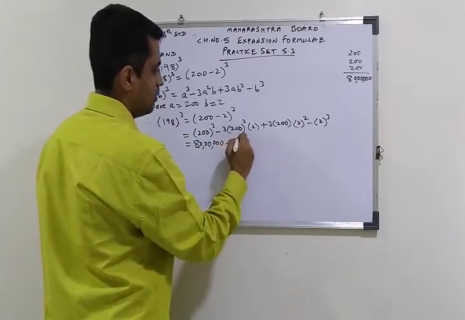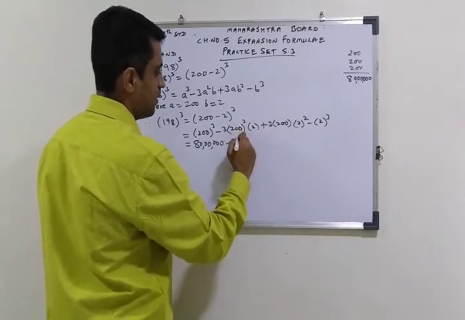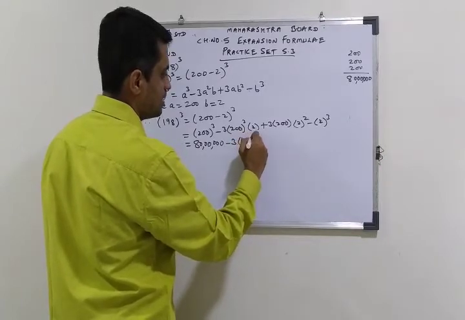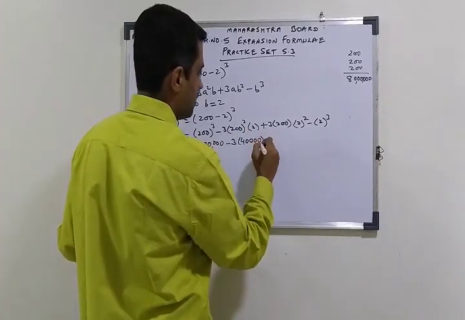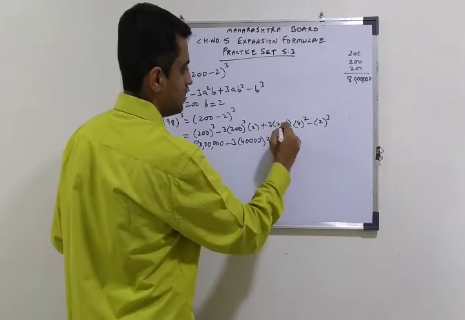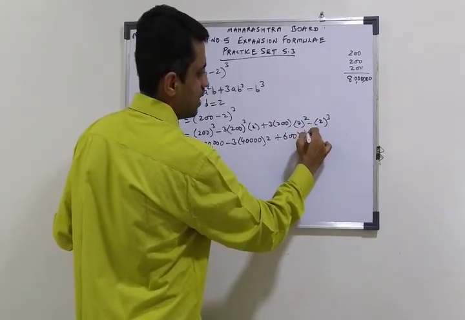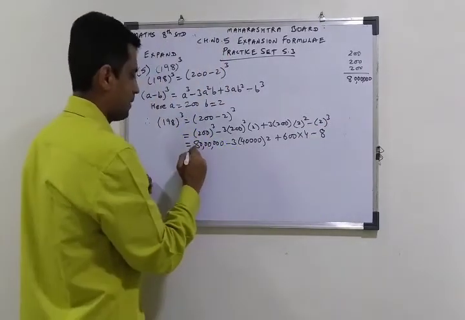Minus 3 into, what is 200 square? Same way, 200 square is how much? 2 2s are 4 and how many zeros? 4 zeros, because square is there. Into 2 plus 3 2s are 6 into 2 2s are 4. 2 cube is 2 2s are 4, 4 2s are 8.